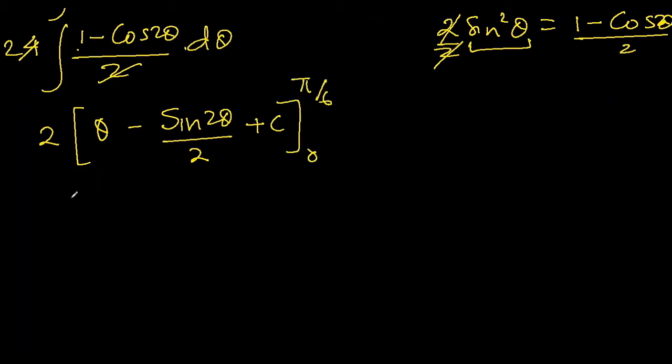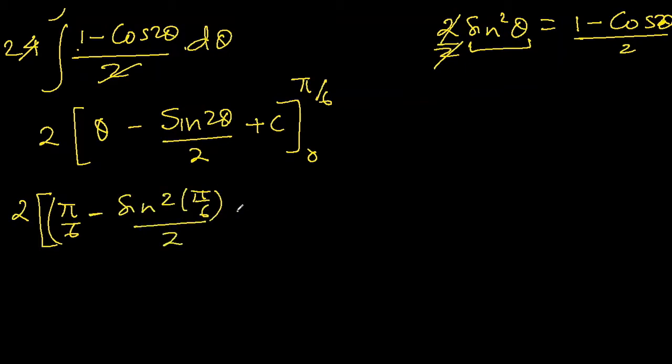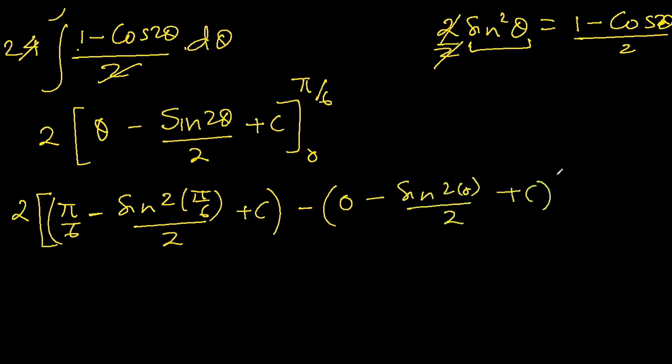So now we can substitute pi by 6 and 0 one by one. So 2 theta is pi by 6 minus sine 2 pi by 6 over 2 plus c, minus 0 minus sine 2 times 0 over 2 plus c.